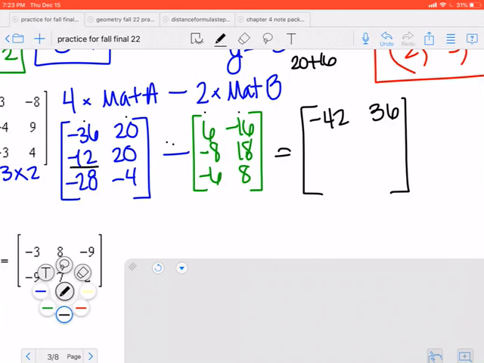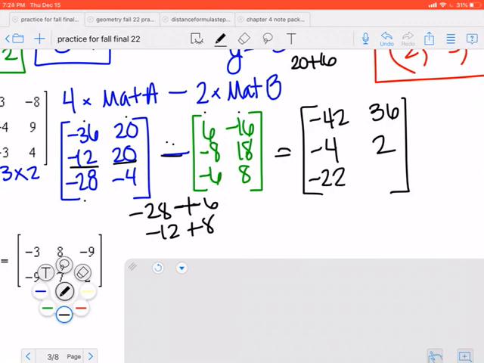Second row, negative 12 minus negative 8, that'd be negative 12 plus 8, giving us negative 4. 20 minus 18 is 2. Third row, negative 28 minus negative 6 is plus 6, so negative 22. And finally, negative 4 minus 8 is negative 12.